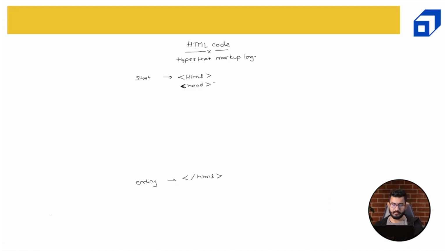So head, here we have added the title, let's say, wikipedia.org, and then /head. Then we have the next tag known as the body. Now within that we have to write down all the code that we want to appear as the body of the web page. So body tag starts with this tag body and /body will end this tag.